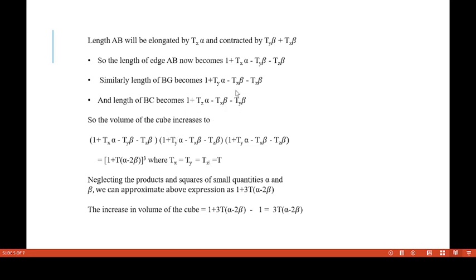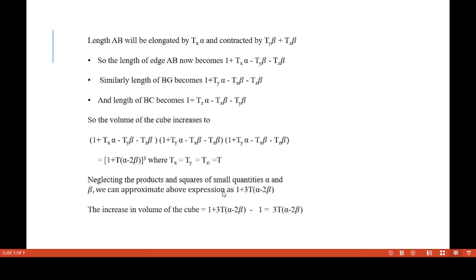So this will be the volume of the new cube, and after binomially expanding this and neglecting the products of alpha and beta and their squares.